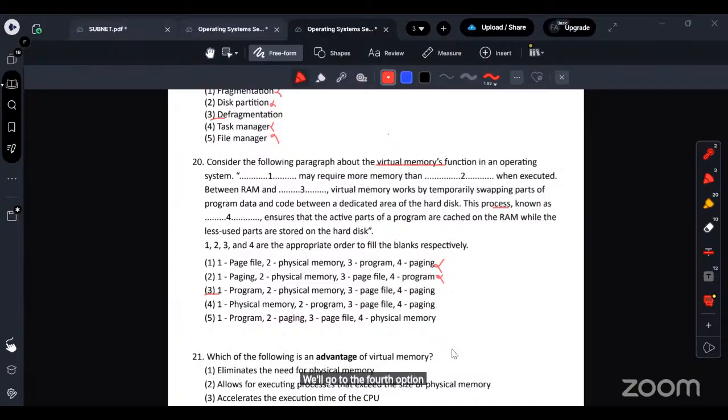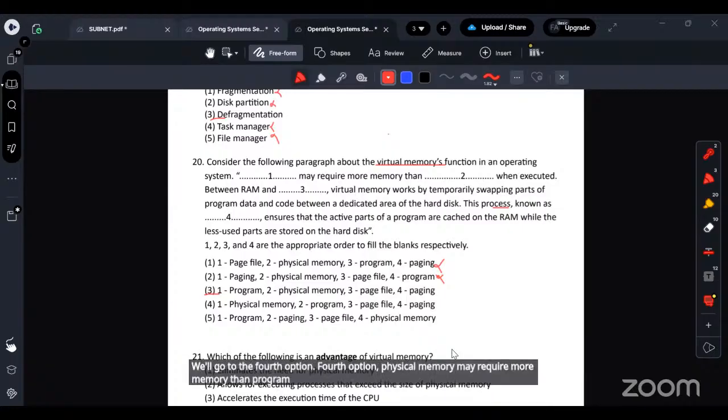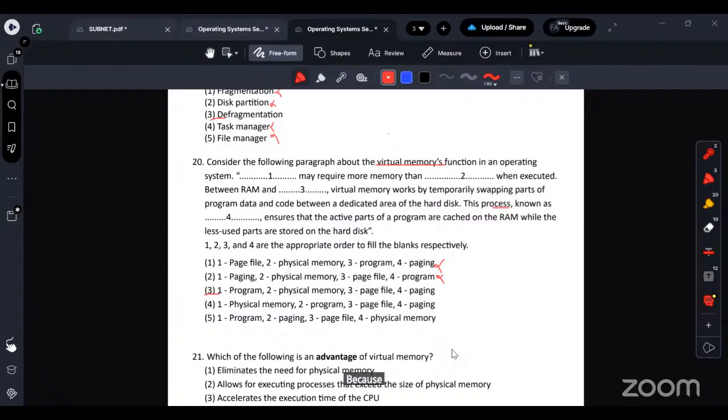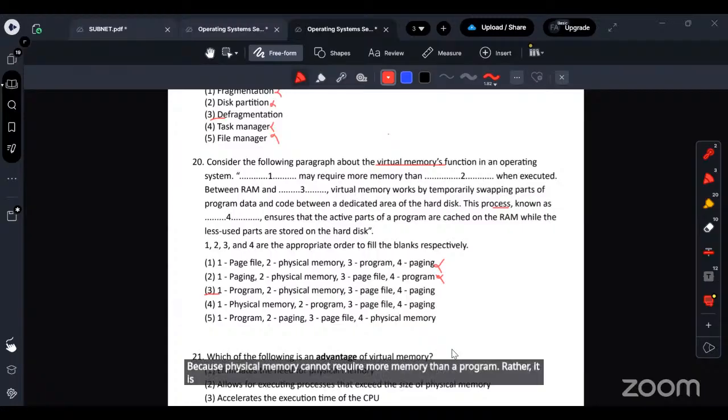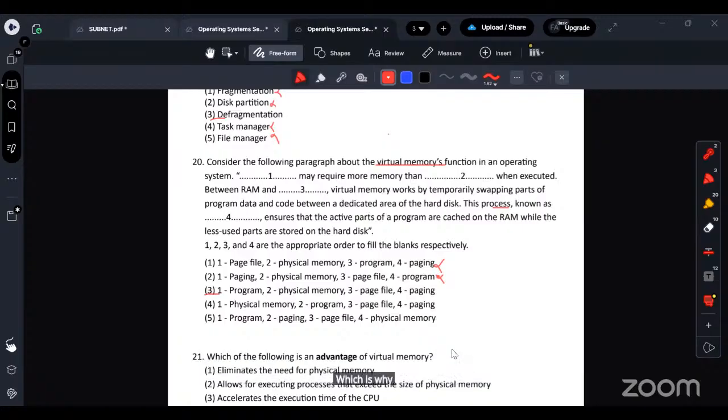Fourth option, physical memory may require more memory than program. That is wrong because physical memory cannot require more memory than a program. Rather, it is the program that often requires more space than the available physical memory, which is why virtual memory is needed.